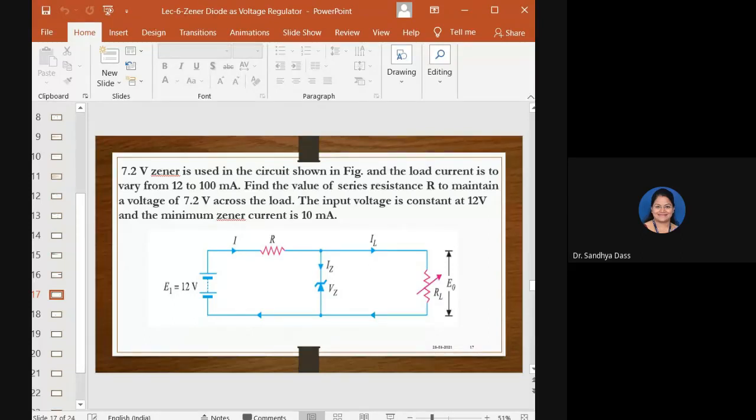The load current is to vary from 12 to 100 milliamps. Find the value of series resistance R to maintain a voltage of 7.2 volts across the load. The input voltage is constant at 12 volts and the minimum Zener current is 10 milliamps.